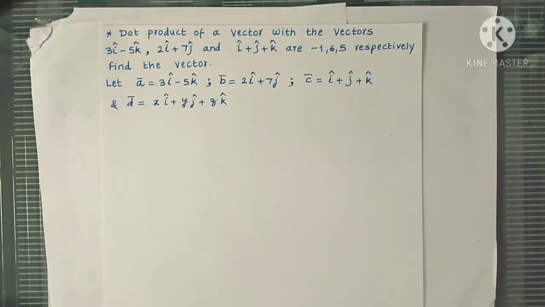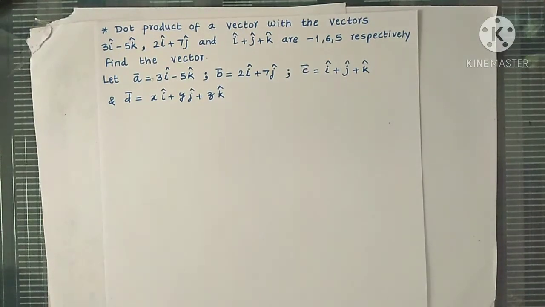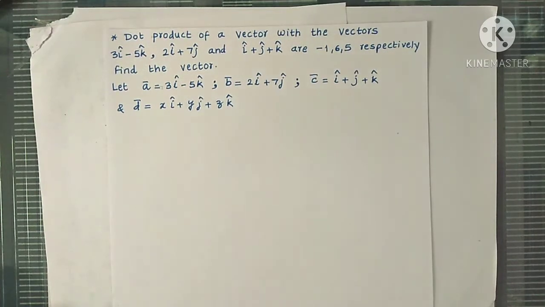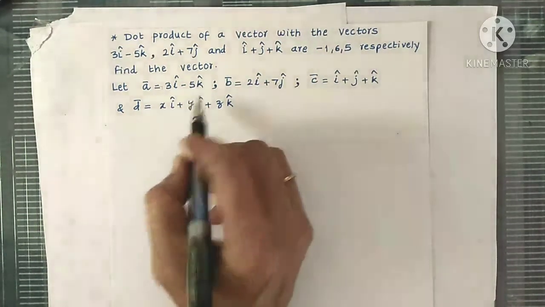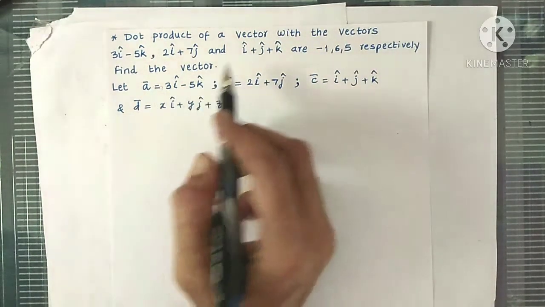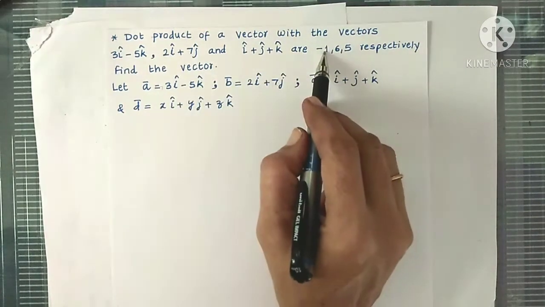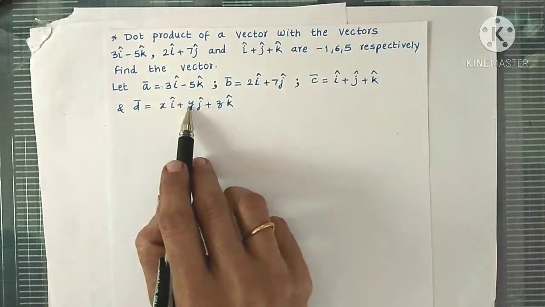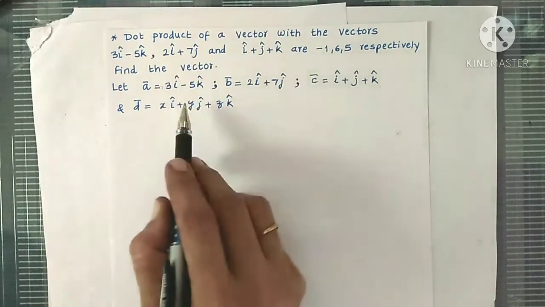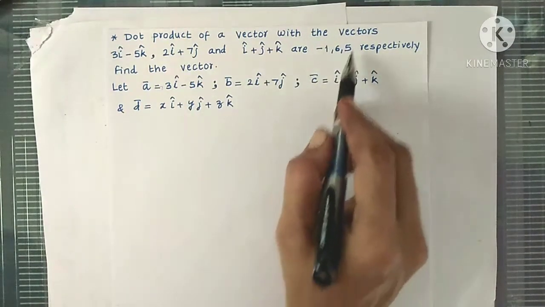So we have three unknowns x, y and z and we have to find those values using the given dot products. So it is given that the dot product of d bar with a bar, that means the first vector, is minus 1. The dot product of d bar with b bar is 6 and the dot product of d bar and c bar is 5.